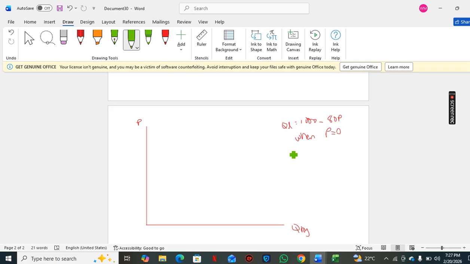QD equals 1000 minus 80P, so P is 0. 1000 minus 0 is 1000. So when P is 0, QD is 1000. On your graph here, you just jot down 1000.